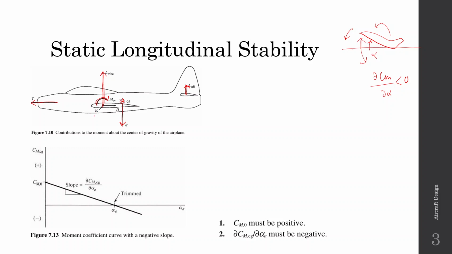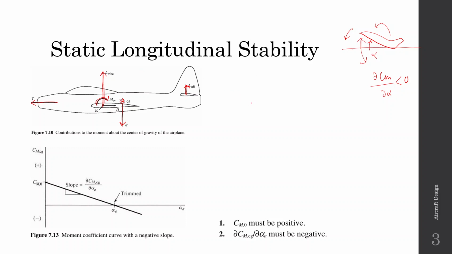However, if the engine is offset from the CG line, for example placed vertically upward or downward, let us say up on the tail like this, then the thrust vector may contribute to the moment also. Otherwise, the wing lift, the tail lift, and the moment caused by the wing are the primary contributions.